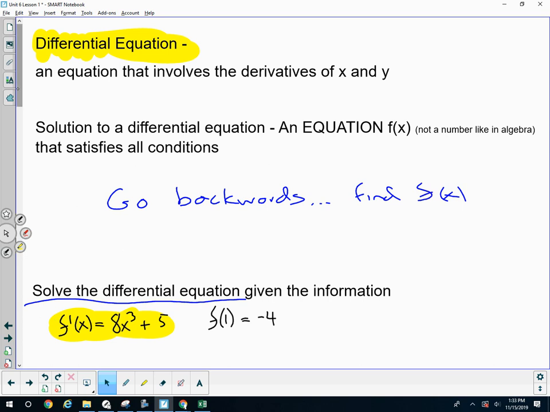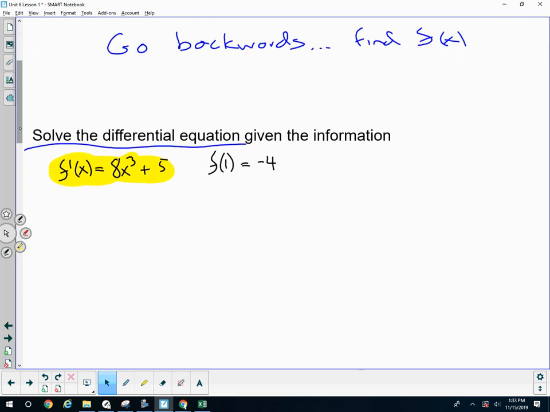So like in the previous examples we've done, if I gave you f prime, you could easily tell me what f is. Please find what f is. Write that down. Okay, please write f of x equals.